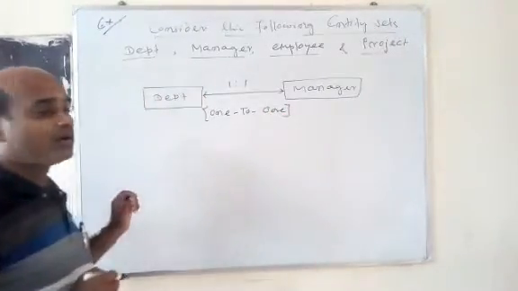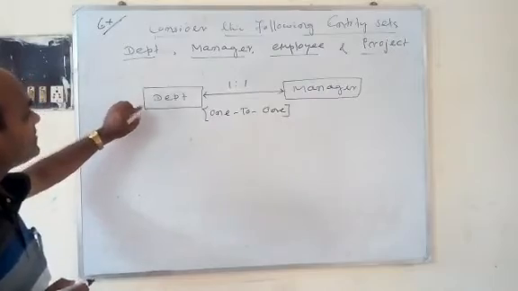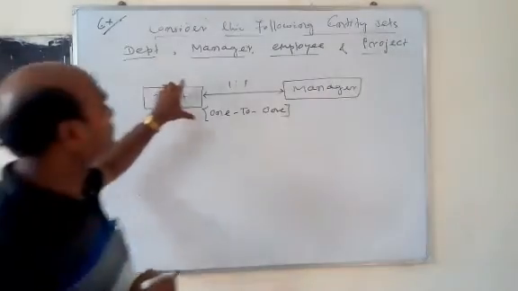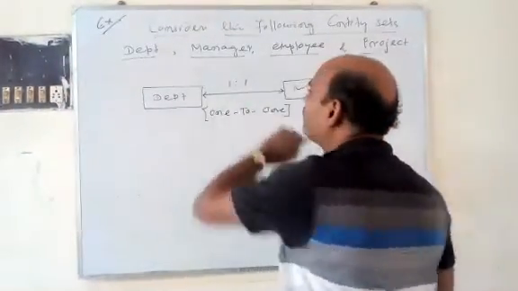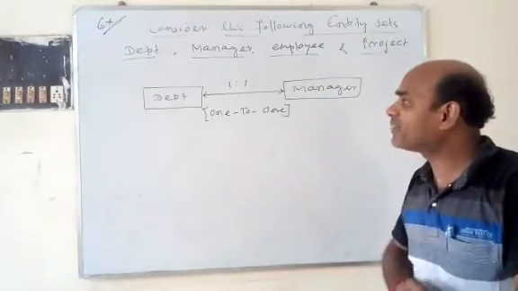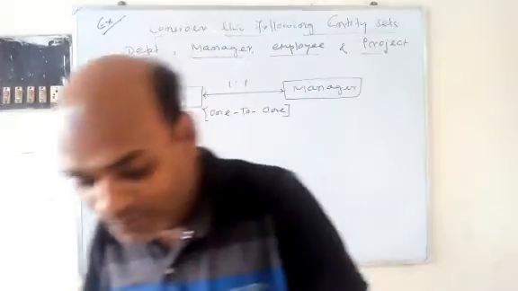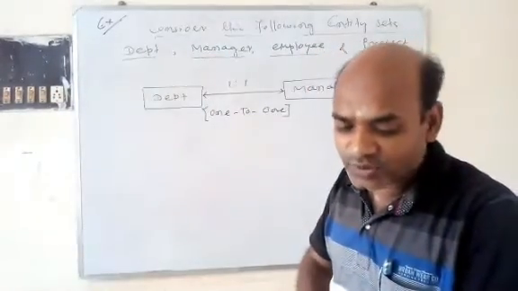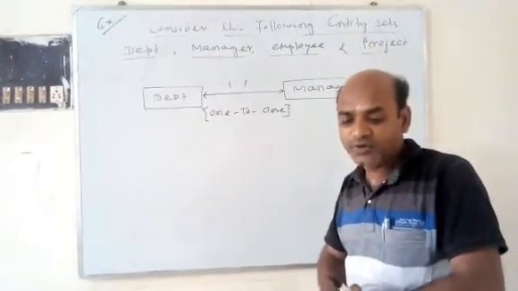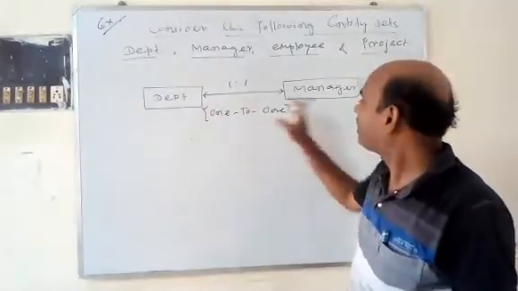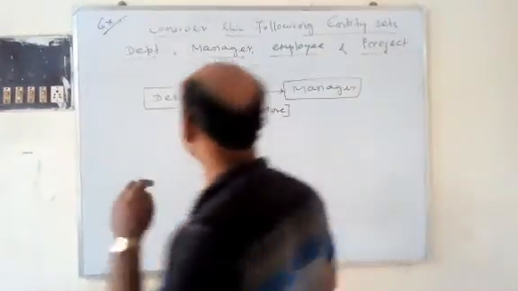Now consider the corresponding instances of this diagram. This diagram shows the one-to-one relationship and explains the department and manager relationship. Some instances of this one-to-one relationship between the entities department and manager will be in this way.